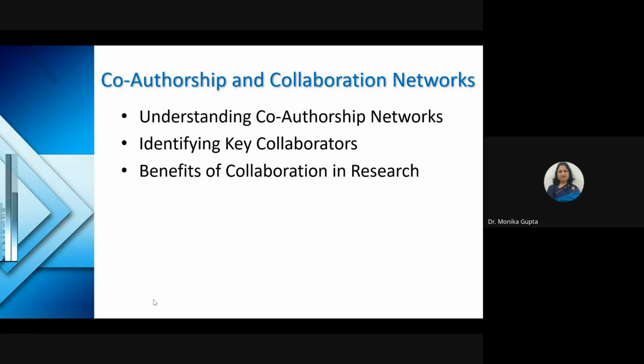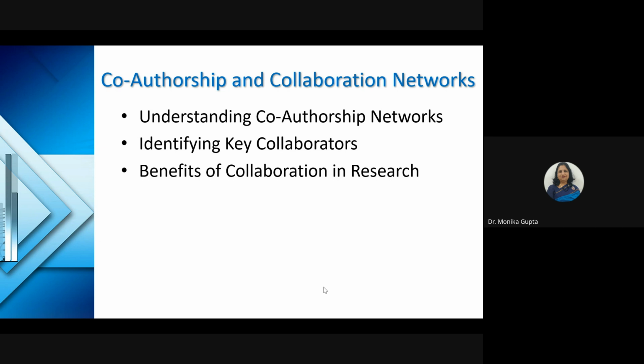Co-authorship and collaboration networks. So co-authorship networks visualize the relationships between authors, highlighting patterns of collaboration in a research field. Identifying key collaborators through these networks can reveal influential researchers and institutions, offering opportunities for partnership and knowledge exchange.